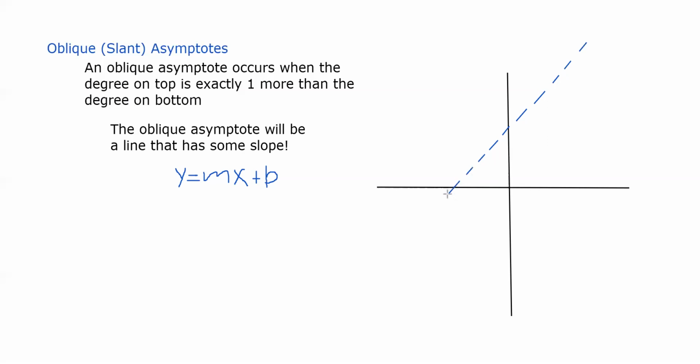Now this creates some exciting prospects. Imagine you have a rational function that could look like this. It could come up.